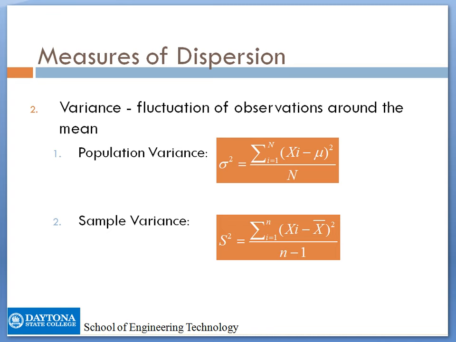When we talk about sample variance, it is defined as S squared and is equal to the sum of the individual observations minus the average of that sample, to the power of 2, divided by the sample size minus 1.